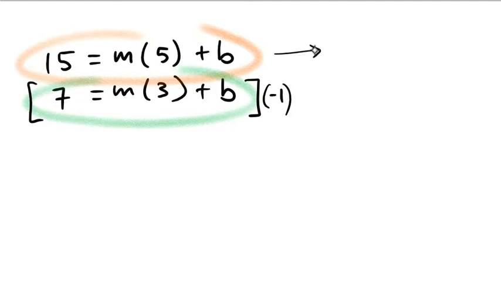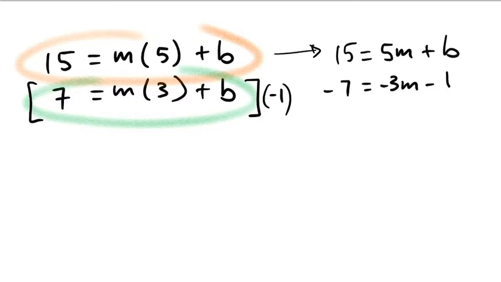I'll rewrite the top equation for convenience. It's going to become 15 is equal to 5m plus b. I just reordered those. And the other equation is going to become negative 7 equals negative 3m minus b. So by multiplying the second equation by negative 1, this is now set up for elimination.